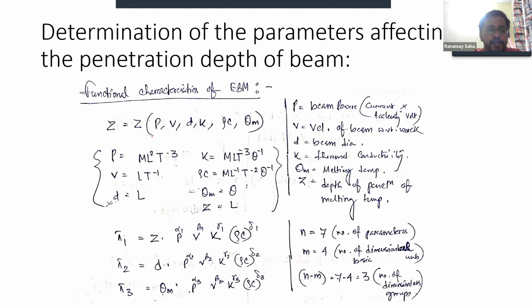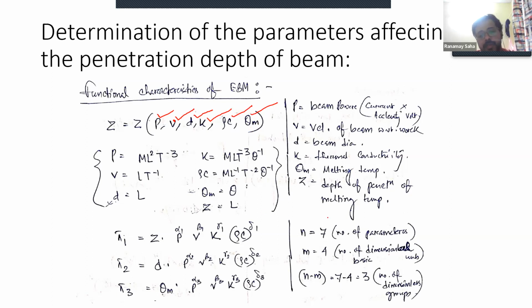It is dependent upon P, your beam power, which is current multiplied by your accelerating voltage V; small v, the velocity of the beam with respect to the work; d, your beam diameter; k, your thermal conductivity; rho and c, the density and specific heat respectively; and theta m, your melting temperature.